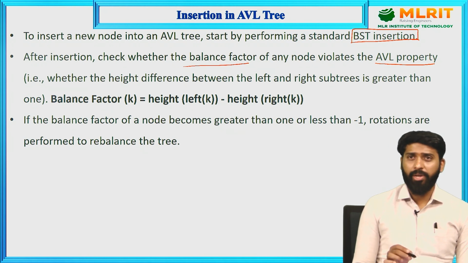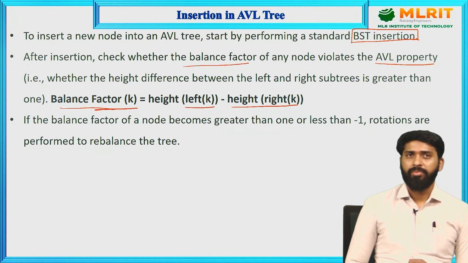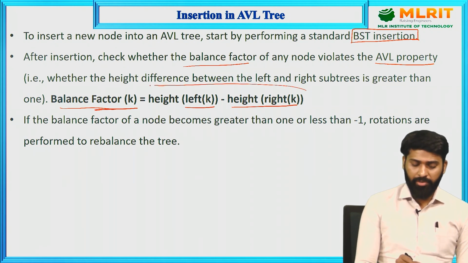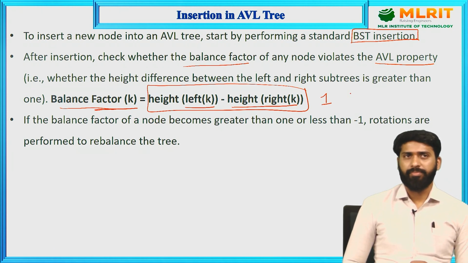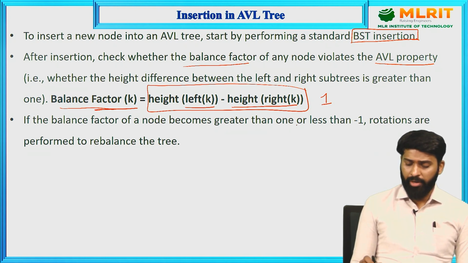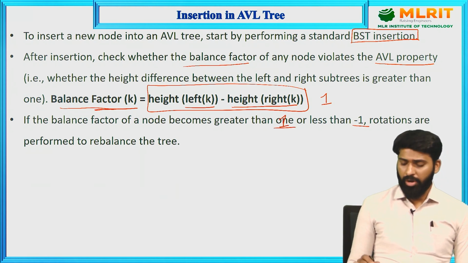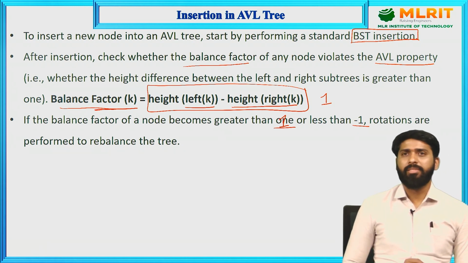So what is the AVL property? Balancing factor equals height of left minus height of right. Now if this value differs by more than 1, then we balance the tree. If the balance factor of a node becomes greater than 1 or less than minus 1, rotations are performed to rebalance the tree.